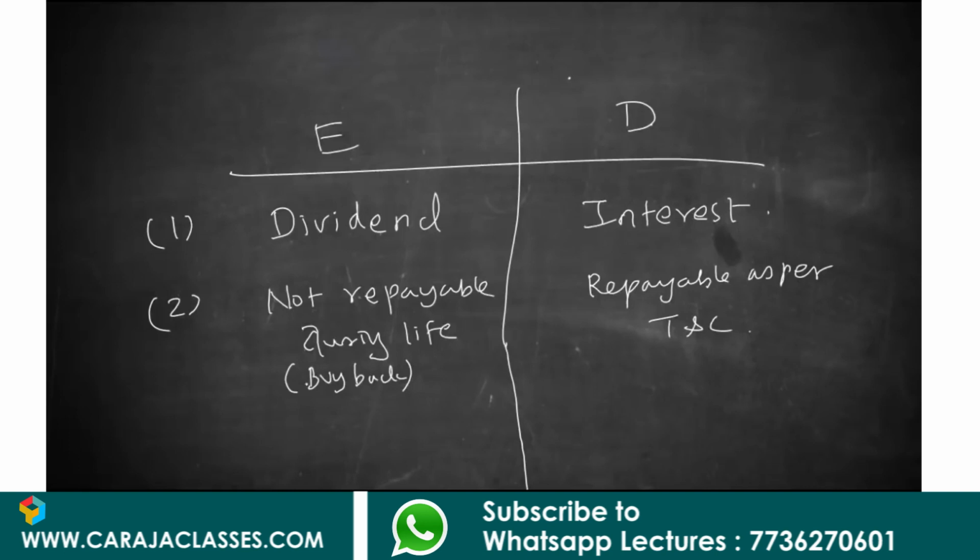And third point is equity shareholders have to be paid this dividend only when the company make profits. So if there is loss, then no dividend. Whereas in case of debt, you have to pay interest and principal whether you make profit or you suffer loss.